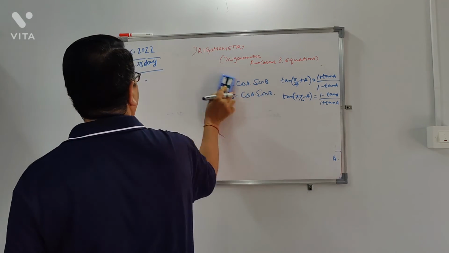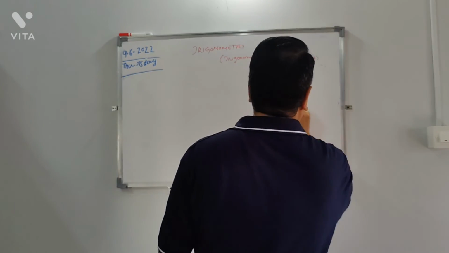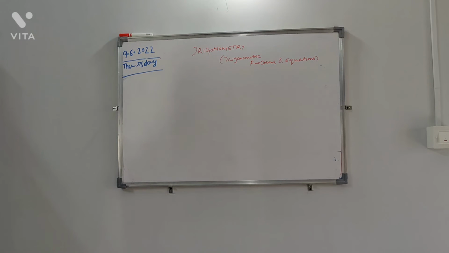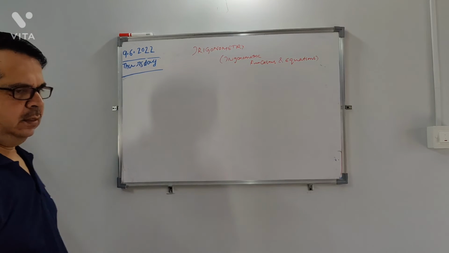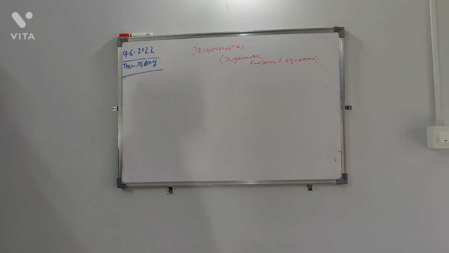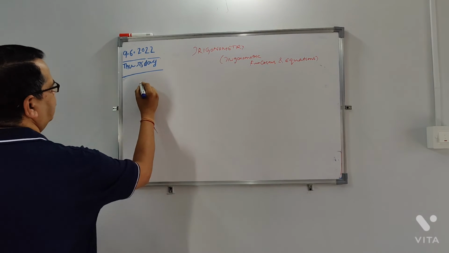Then we will get into multiple angles like tan 2A, tan 3A, sin 3A, cos 3A, those things. There can be questions in your JEE and all. It's all about practice. If you remember these formulas, only then you will be able to do slightly more complicated things.